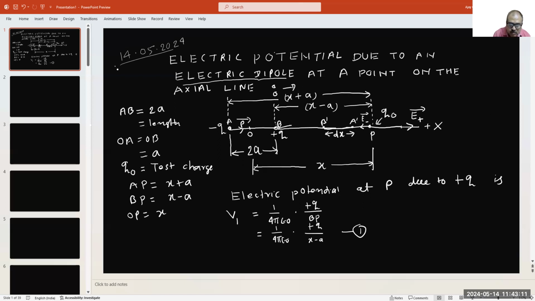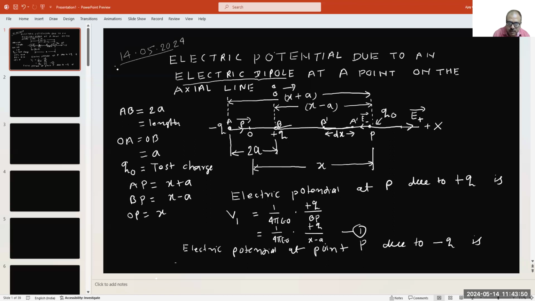Now similarly, we will write the electric potential due to the negative charge at the same point P, but due to the minus charge of the dipole.